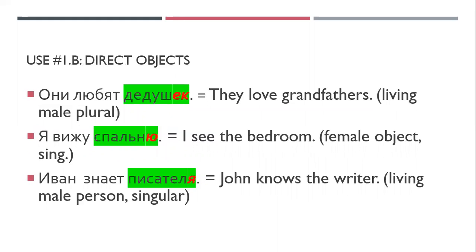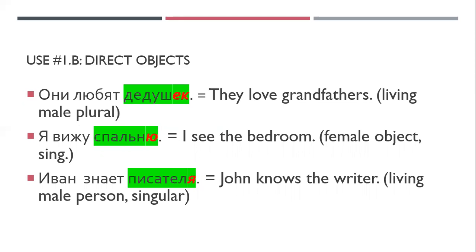Here are more examples of persons or objects that are direct objects. Они любят дедушек. They love grandfathers. Whom do they love? They love the grandfathers. Я вижу спальню. What do I see? I see the bedroom.